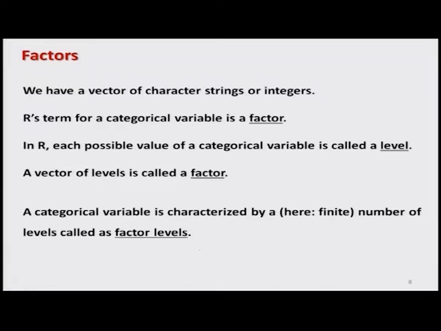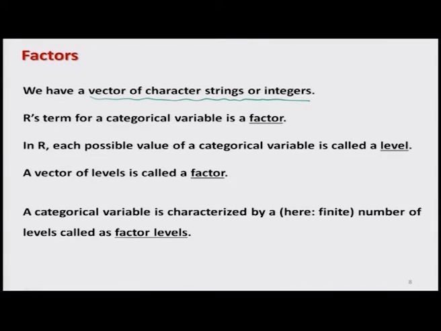Now, after this we try to combine the concept of R with the factor and categorical variable that we have understood. In R, usually we have a vector of character strings or integers.